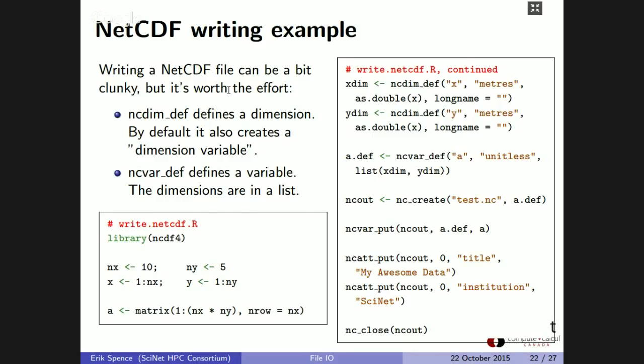We've defined it over here. And then I'm going to put some attributes, ncatt_put. Okay, 0 means global. I'm going to make it apply to the whole thing, and the title is my awesome data, institution, sign it, and close. You can do it in a terminal. I wrote a script for it, but it works either way.